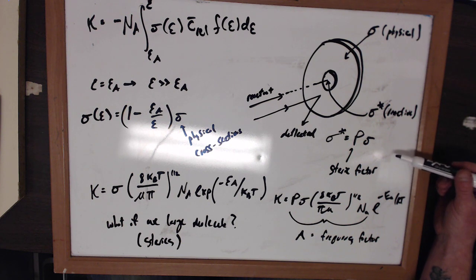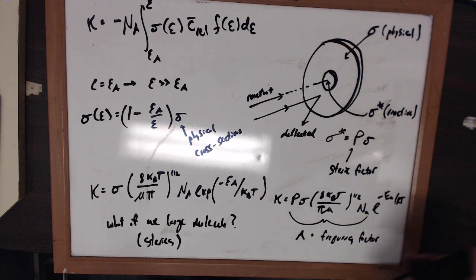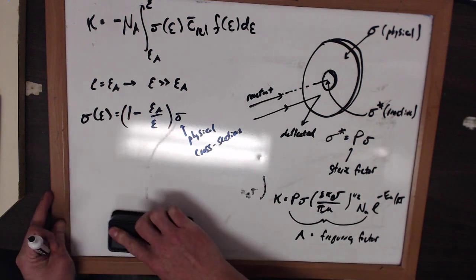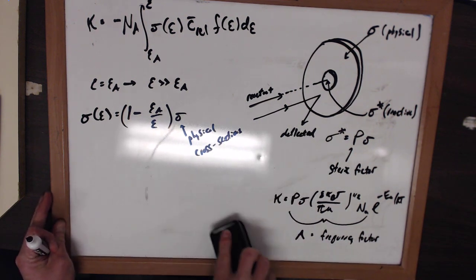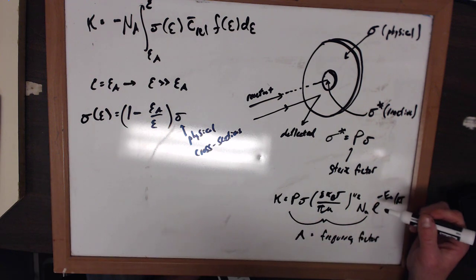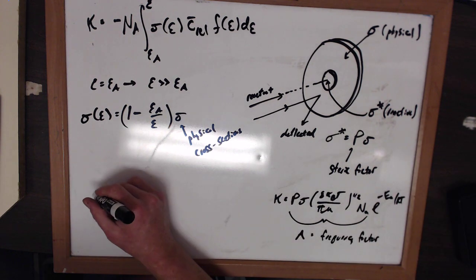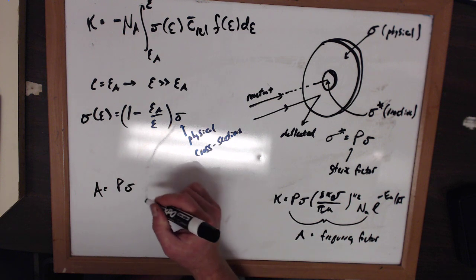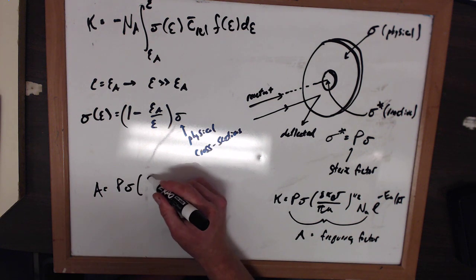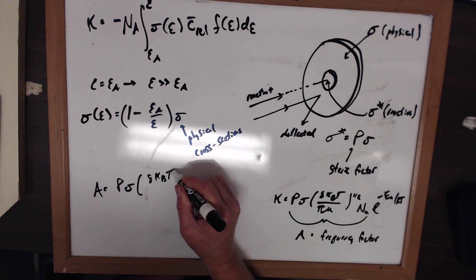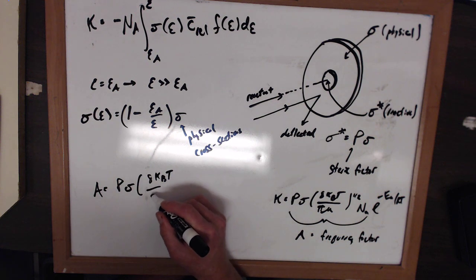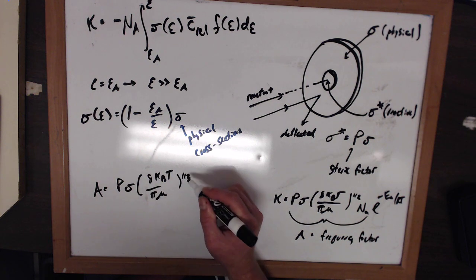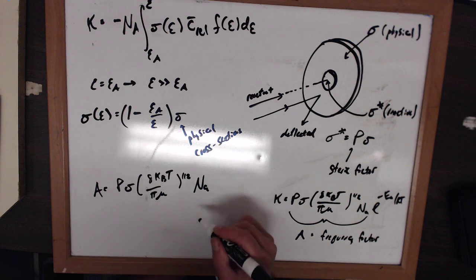Oftentimes it could be really difficult to actually calculate our actual frequency factor, P times sigma times 8 kBT over pi mu to the 1/2 times NA.